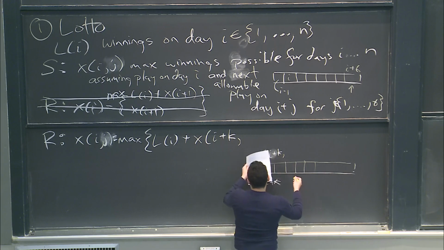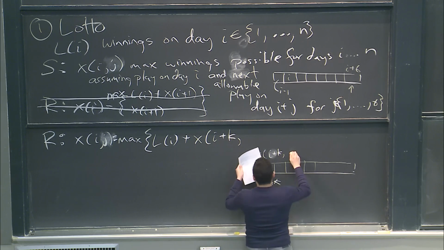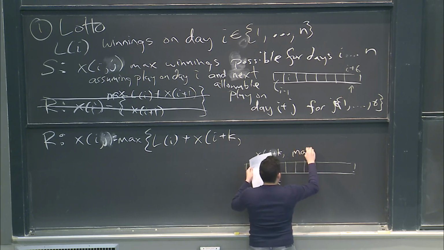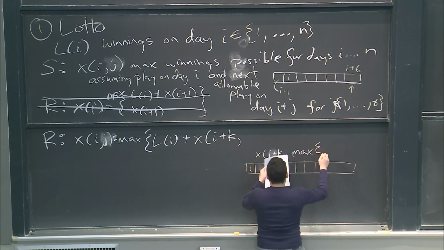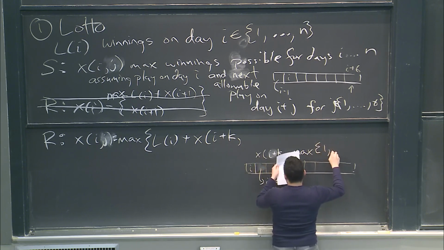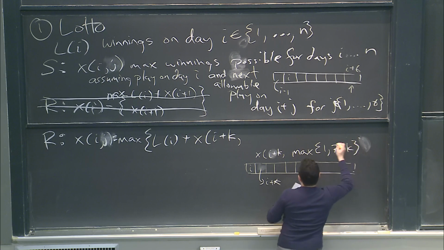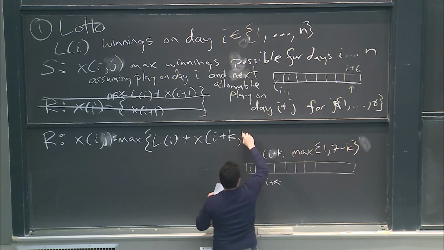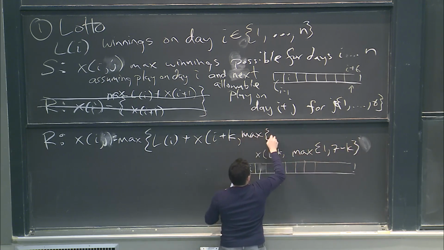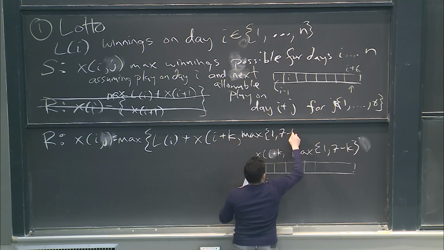So let's see if I can unpack what I wrote down here. Max of 1, 7 minus k. Yuck. I'll put it here. 1, 7 minus k.